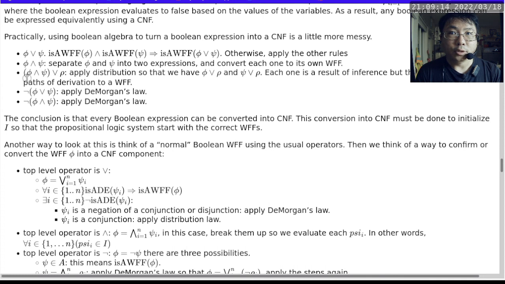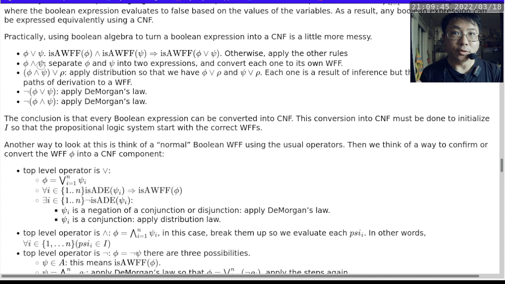So you end up with phi or rho and psi or rho. You're going to reapply this rule because the result of applying distribution is going to be an and as the overall operation.